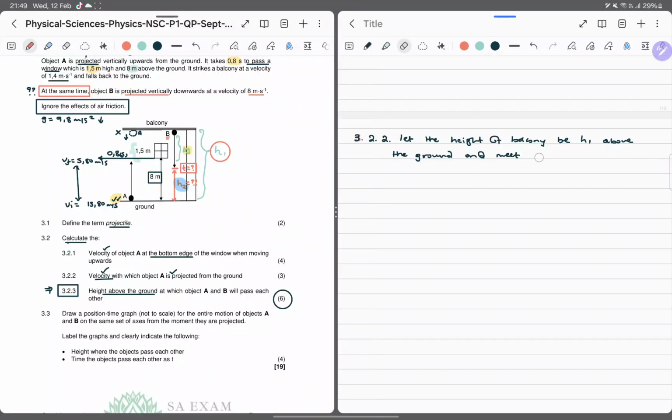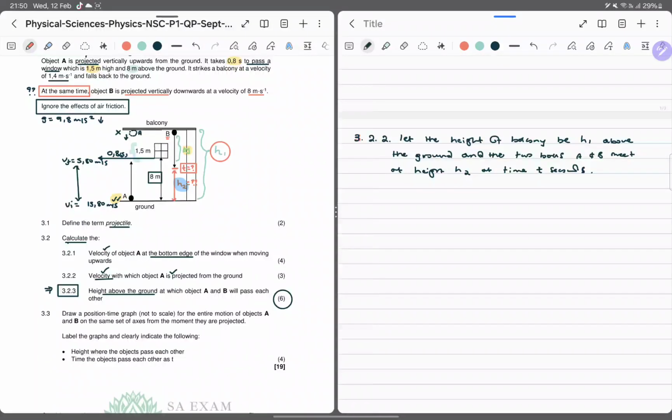Okay, now what is going on now? The two balls A and B meet at height H2 at time t seconds.